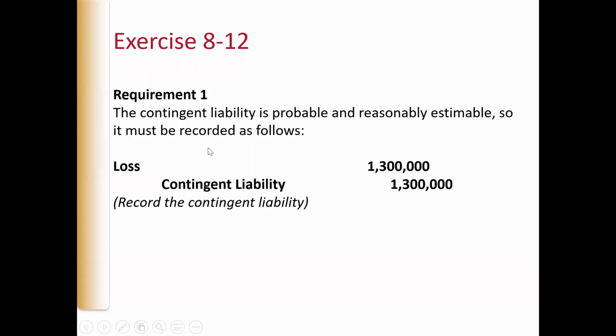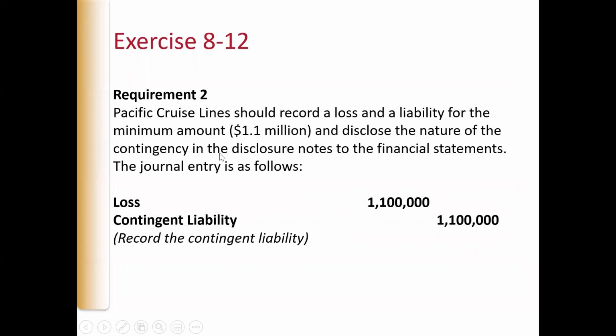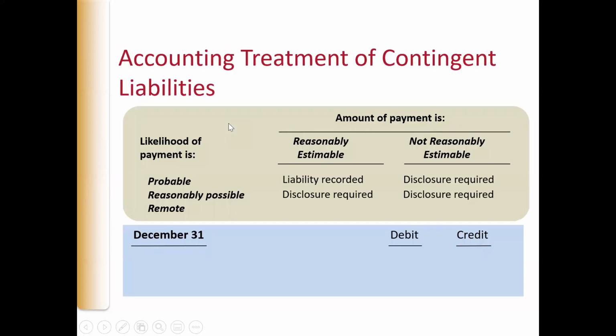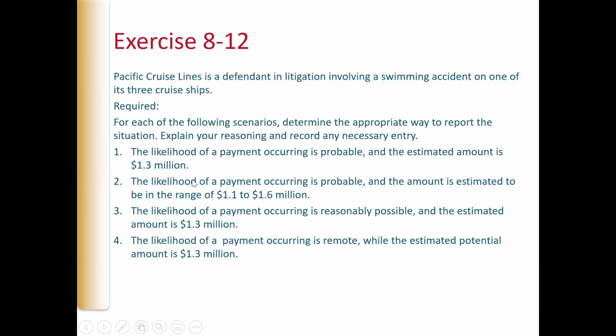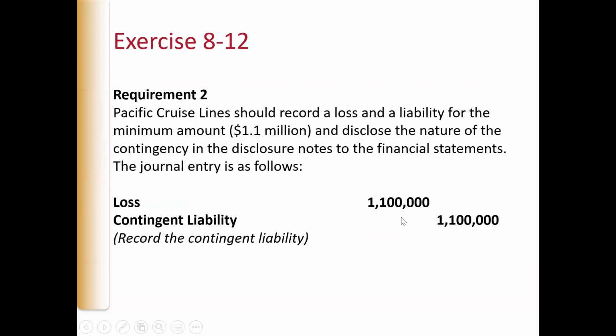The next one says Pacific Cruise Line, oh, let me just read it. The likelihood of a payment occurring is probable, and the amount is estimated to be in the range of 1.1 to 1.6 million. In that case, we're going to record it, but we're going to use the lower figure, the 1.1 million. Okay.